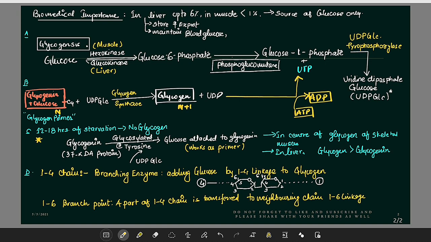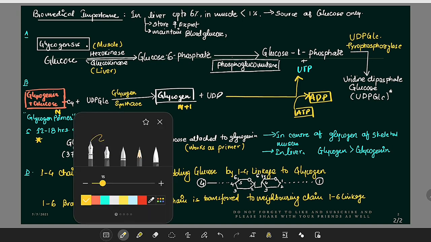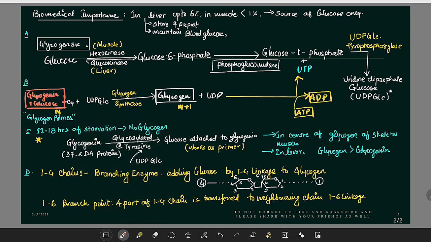At the same time, when we consume something, complex carbohydrates are broken down into simple sugars or simple glucose. This glucose is stored in the form of glycogen in different organs of our body. So, what is the biomedical importance of glycogen that we are about to study?